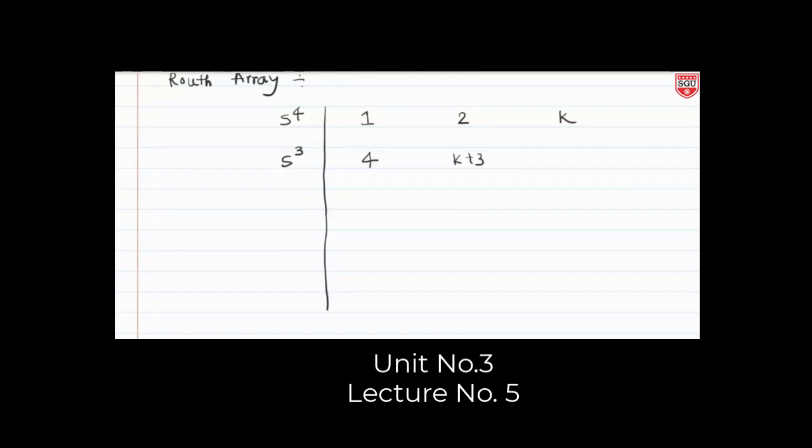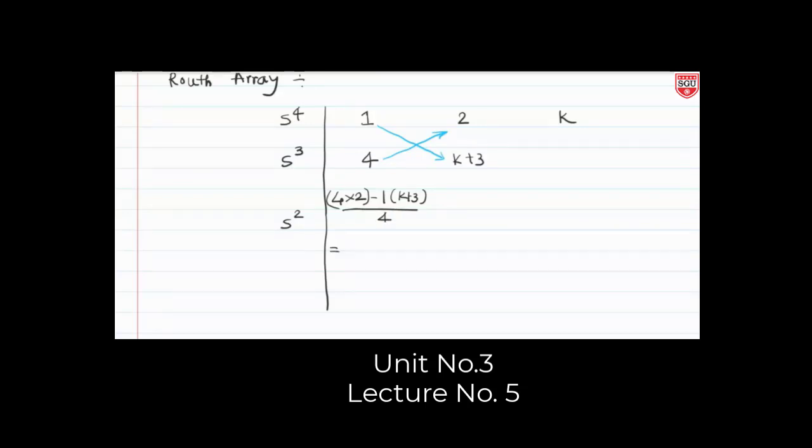Then how do we find s square? For finding s square, are you remembering the steps? So what we are doing: 4 into 2 minus 1 into k plus 3, divided by 4. I will write once again in detail: 4 into 2 minus 1 into k plus 3 divided by 4.